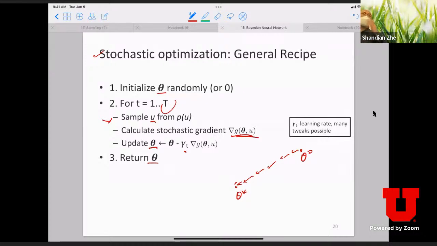However, if you're doing stochastic gradient descent, what does it look like? It's like a drunk driver. Remember, every time you just sample U and plug it in, your stochastic gradient is not accurate at all. Statistically speaking, on average it is aligned with the exact gradient, but for every particular instance, it might be quite far from the true gradient.